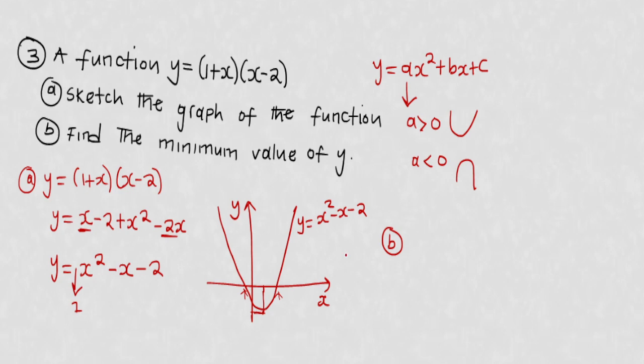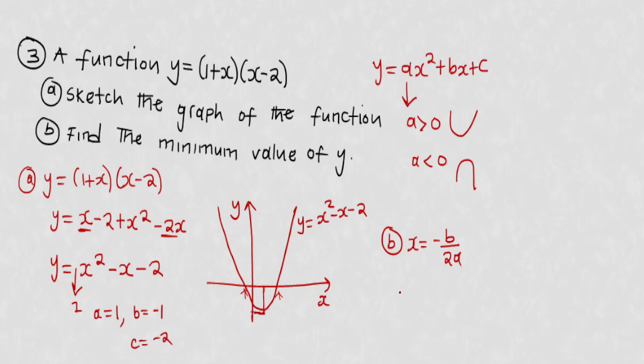So I just have to use the formula for x, which is x is equal to negative b over 2a. Looking at the equation, the value of a is 1, the value of b is negative 1, the value of c is negative 2.